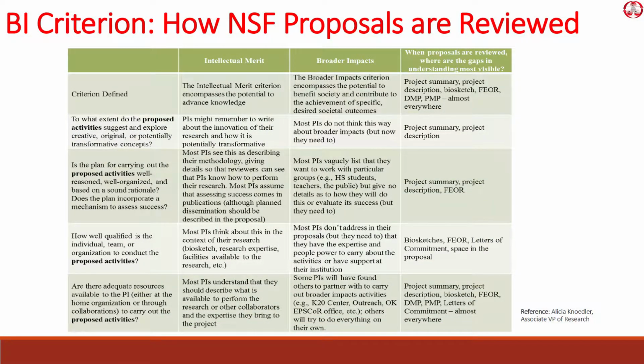So there are several different places where we should think about how we could demonstrate that we're going to have a broader impact, or that we're having some broader impact activities, making sure that we show them in specific areas. So when we look at this, and you have this also in your folder, it compares the intellectual merit to the broader impacts.